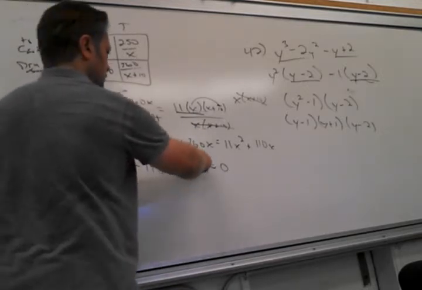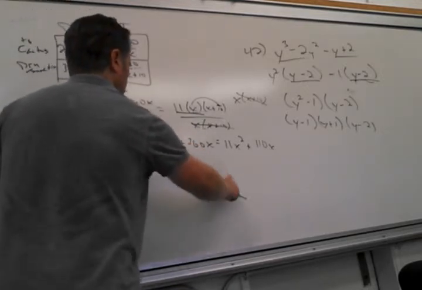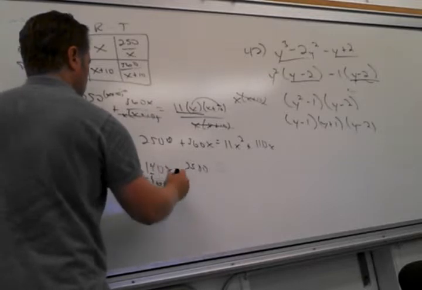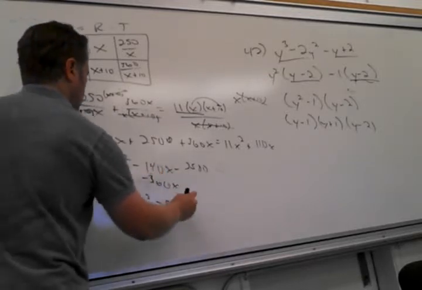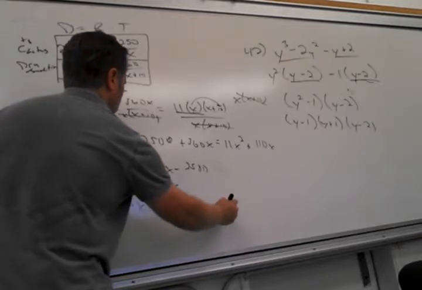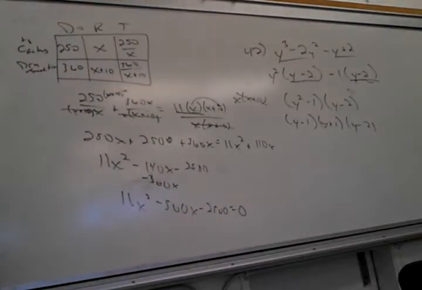Oops, I forgot my 360x. So minus 360x. So 11x squared minus 500x minus 2500 equals 0.